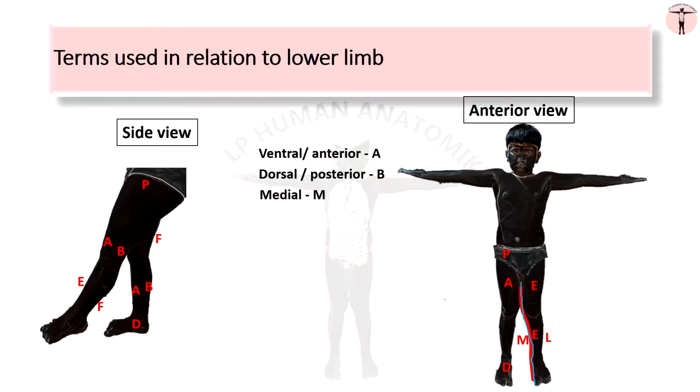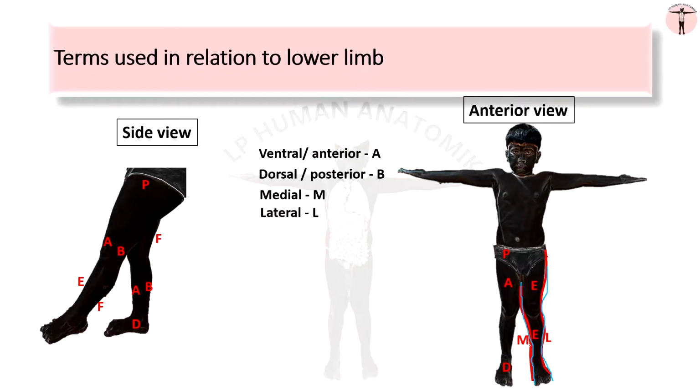Now the lateral border or the lateral side of the lower limb is that part of the lower limb which is present towards the little toe, lateral side of the foot, lateral side of the leg and the thigh, okay. So that is the lateral side of the leg.